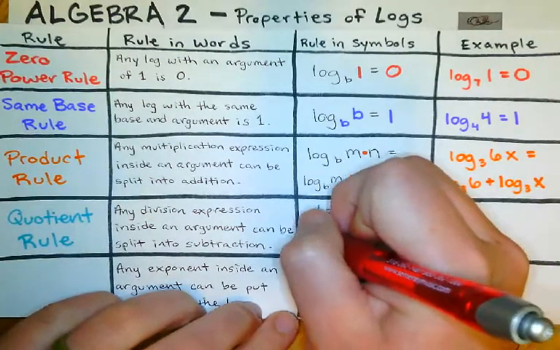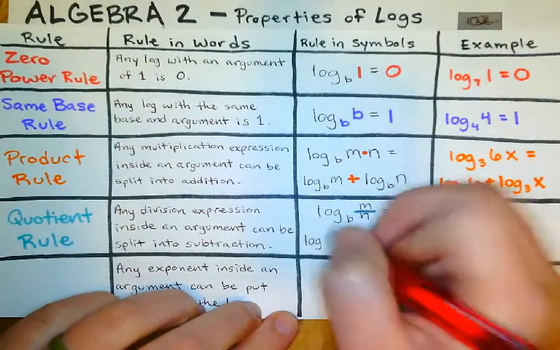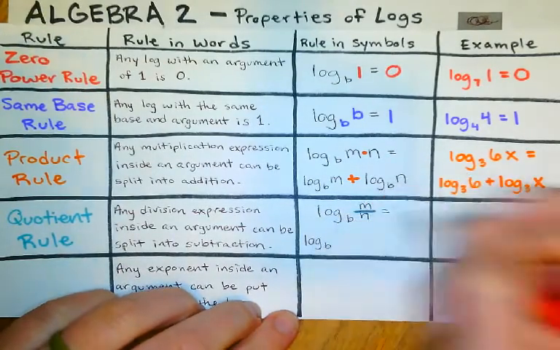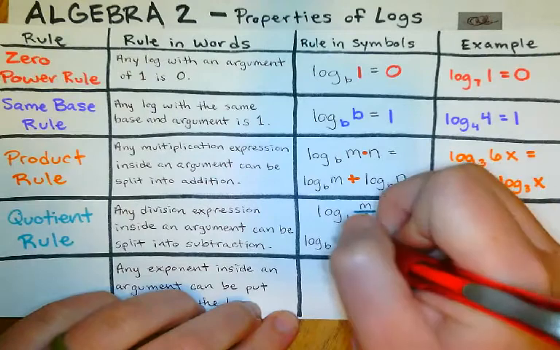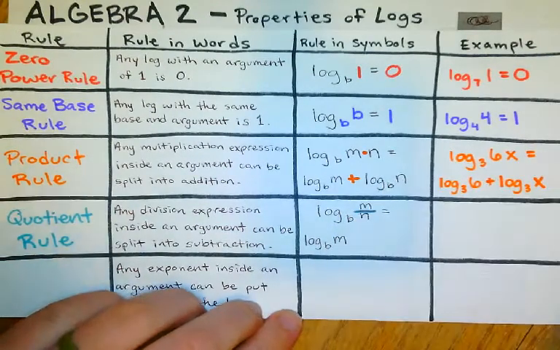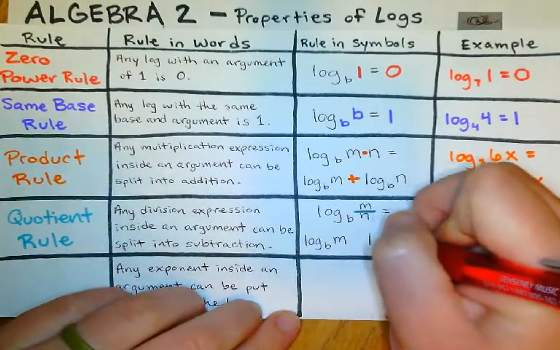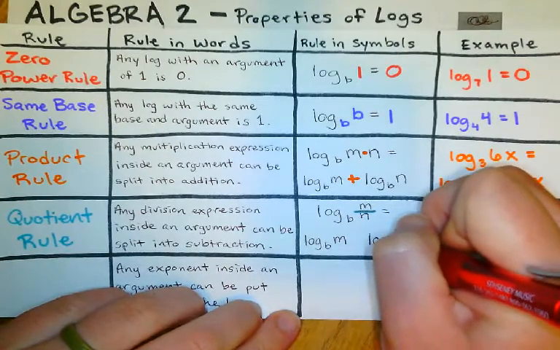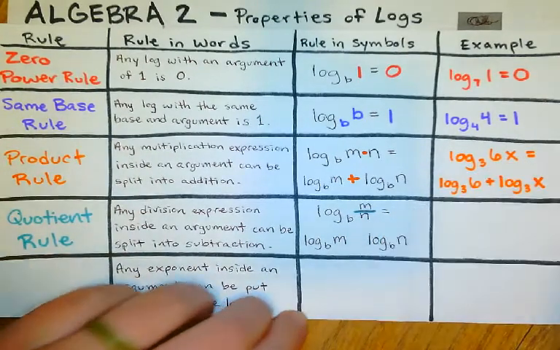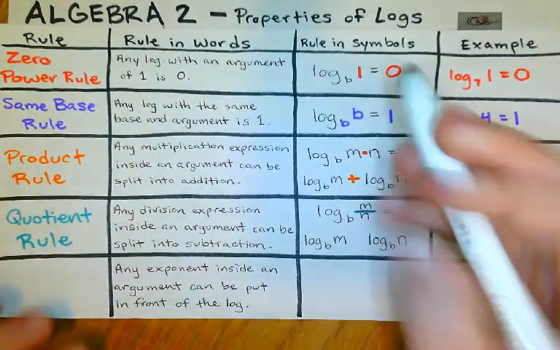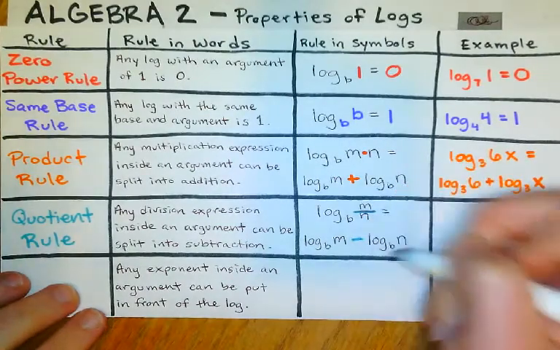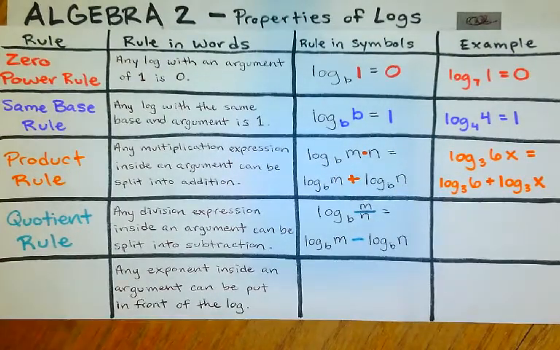So this is going to be changed to log base b of my numerator m, and then log base b of my denominator n, and I'm going to change that division to subtraction.